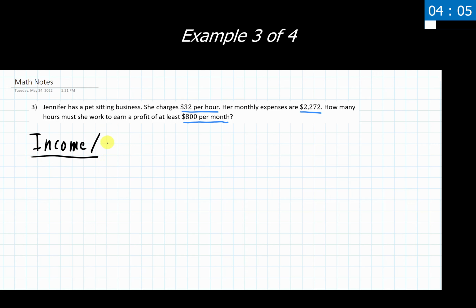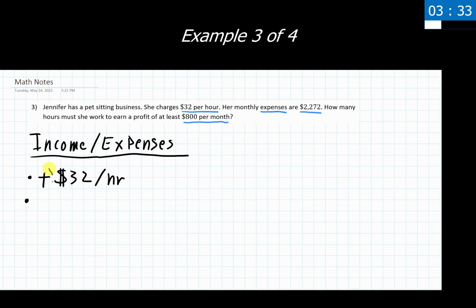Let's say income and expenses, because we were told that part of this is money she has coming in because she's charging $32 per hour, and then we're told her monthly expenses are this $2,272. So we could think of this as she's making money. She makes $32 per hour. That could be the income.